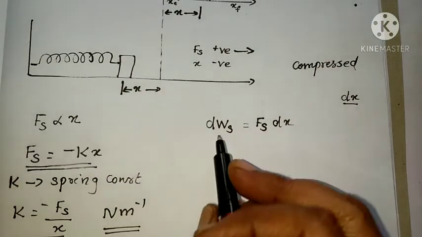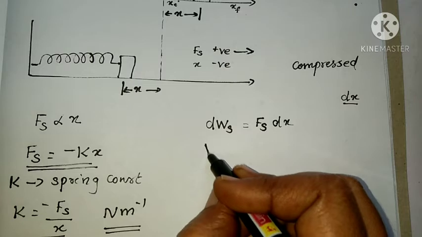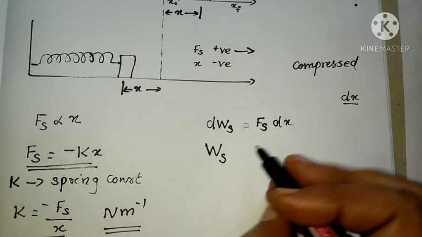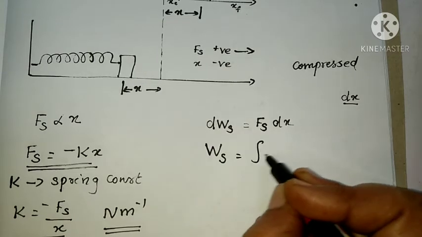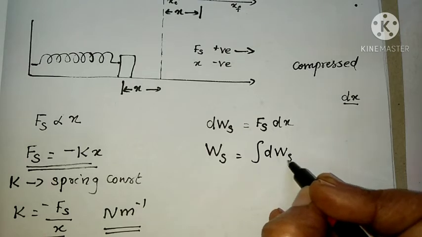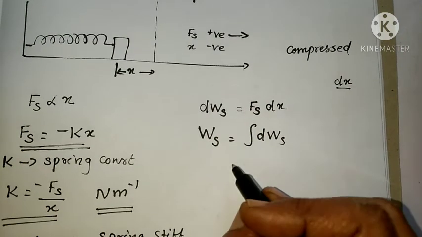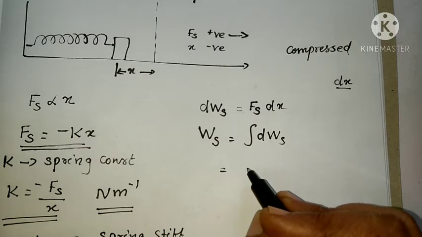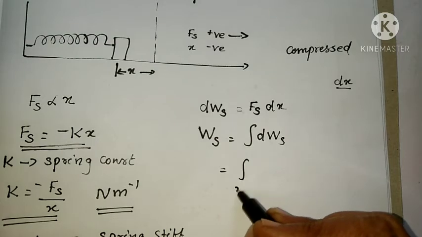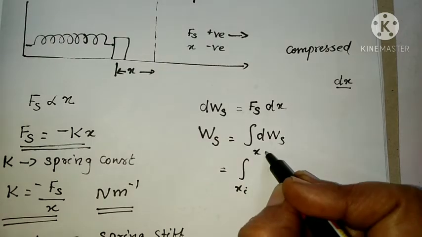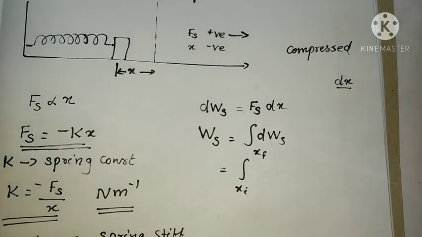So we can write the total work done by the spring force, Ws, equal to integral dWs. Clear? The integration is from initial position xi to xf.